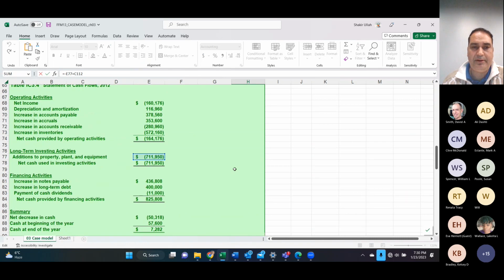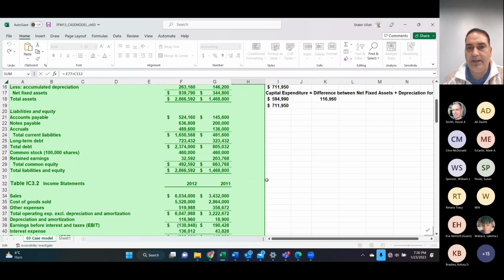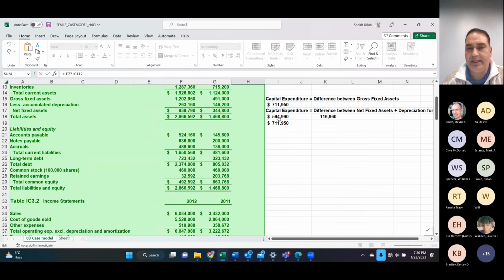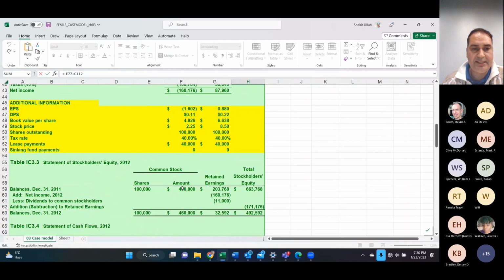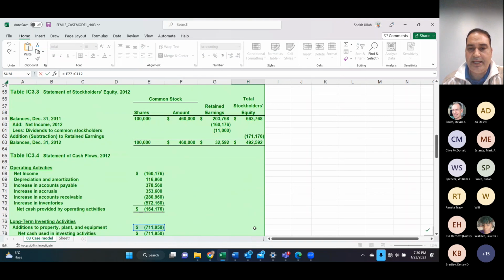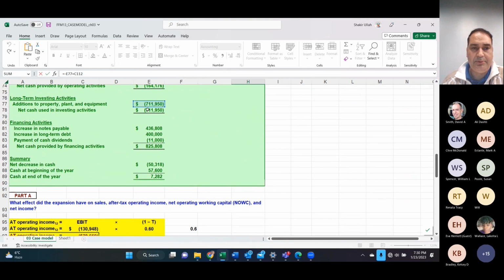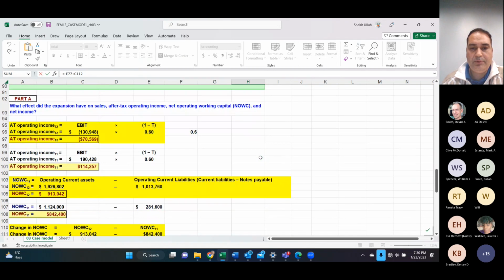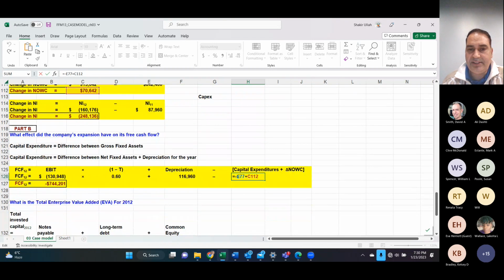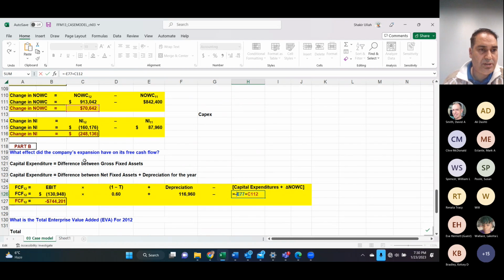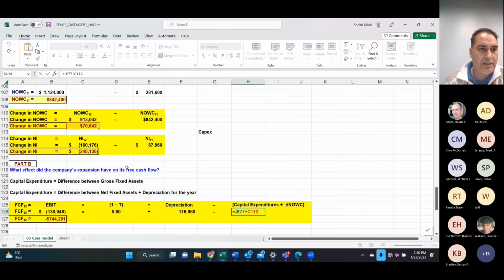But this is exactly the same number that I have got in that other method. The only thing is that this number is negative over here, but I needed a positive number in my formula. So when I build my formula, I put a negative sign before that so that I can make it a positive number, you see? And then I add the change in net operating working capital, which should be this number.